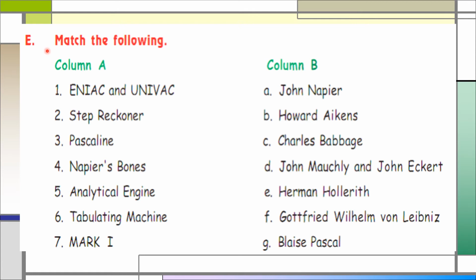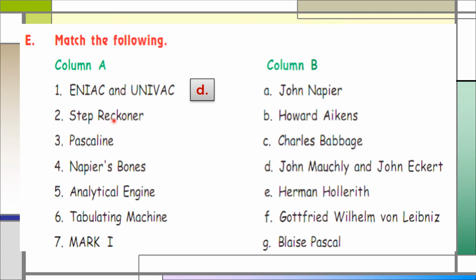Exercise E. Match the following. Number 1. ENIAC and UNIVAC. D. John Mauchly and John Eckert. That means ENIAC and UNIVAC are invented by John Mauchly and John Eckert.